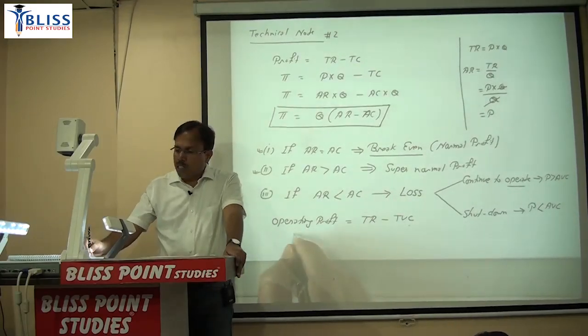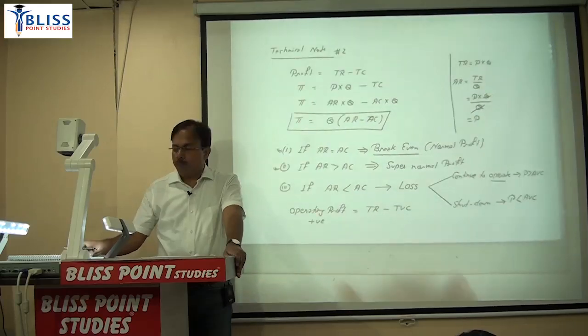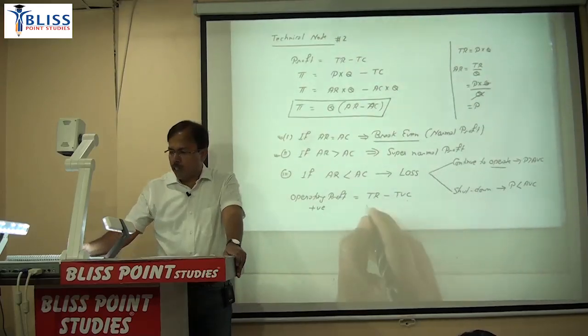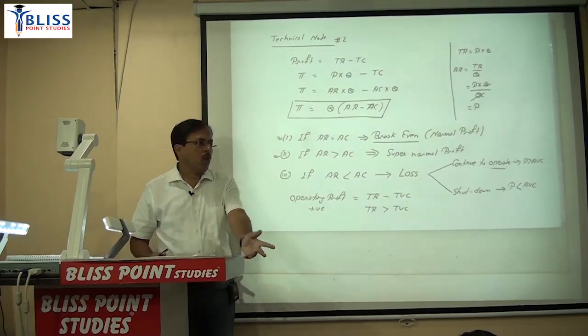So if I say operating profit is positive, then for operating profit to be positive, TR should be greater than TVC.